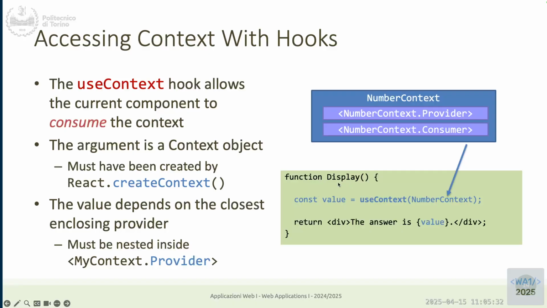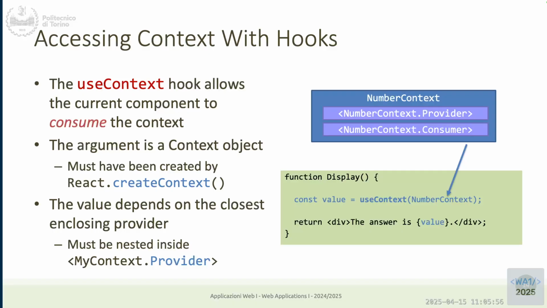So this component called display should be a child or a grandchild of a language.provider, and it can, in any moment, extract the current value through the useContext hook by providing as an argument the context object that we created.